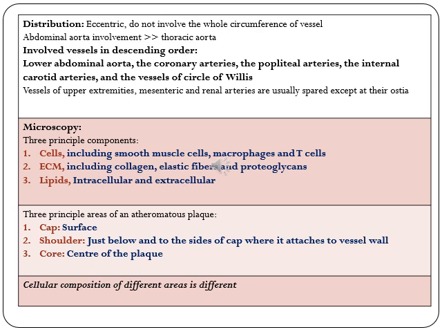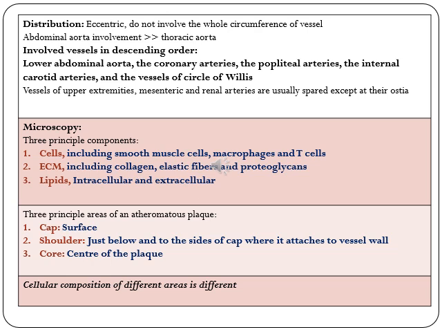Then atheromatous plaques can also be divided depending upon the various zones of these atheromatous lesions. These are divided into cap, shoulder, and core. The cap is the surface of the atheromatous plaque.